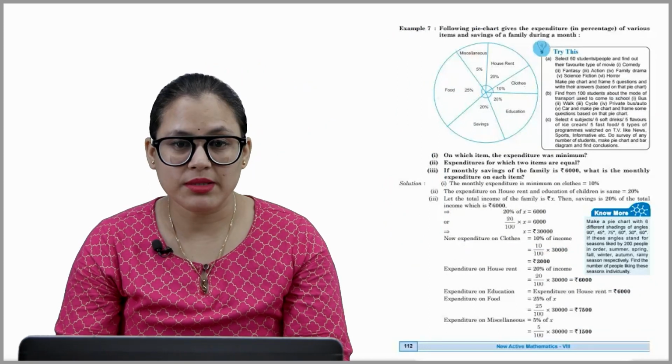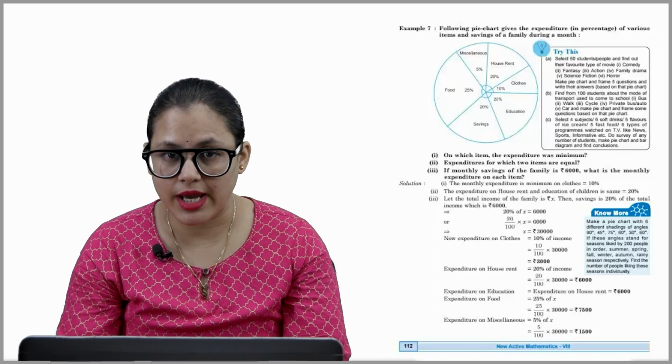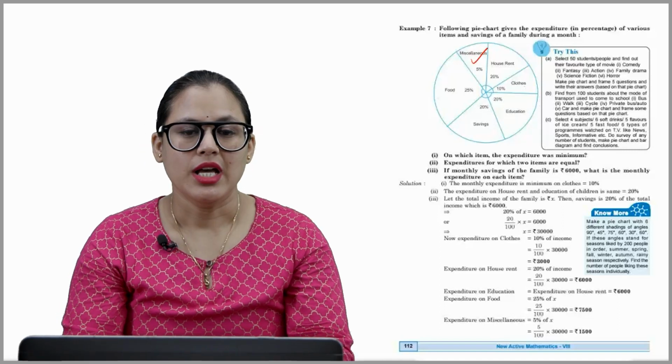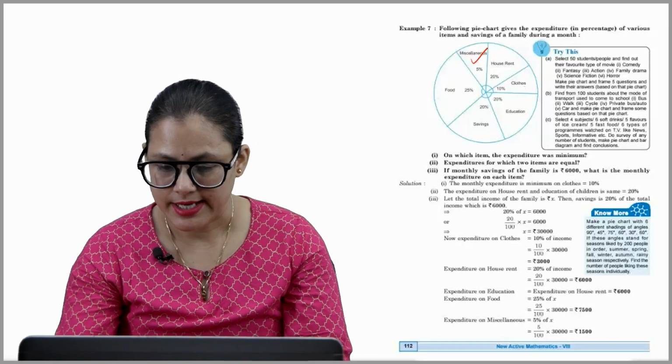Number 1, on which item was the expenditure minimum? Here, miscellaneous, as you can see here.